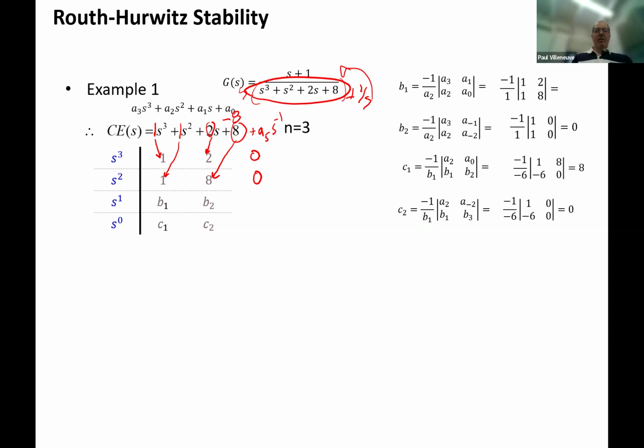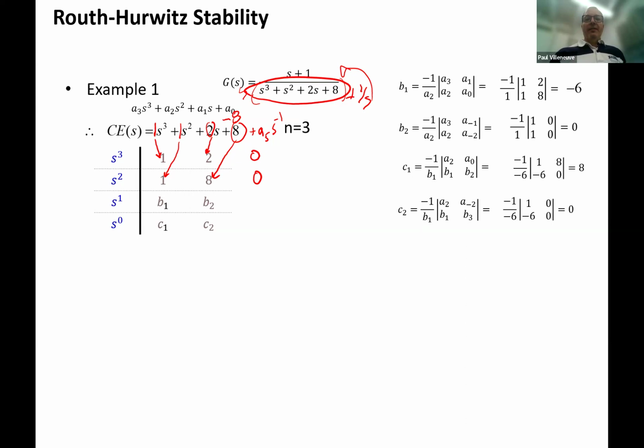Okay, let's do B1. Here's B1. Substitute in the coefficients. You can see I want A3, A2, A1, A0. That's going to be in my actual determinant. And let's check and see if this makes sense. So I've got the determinant approach, right?